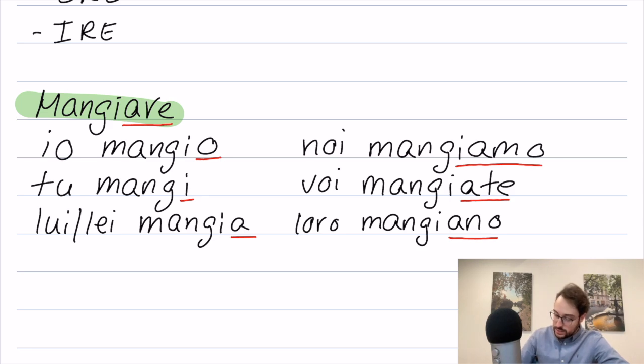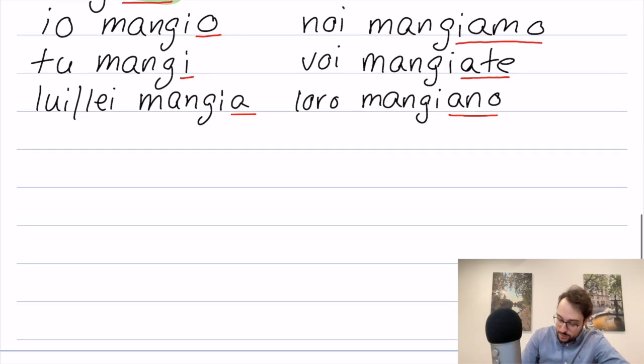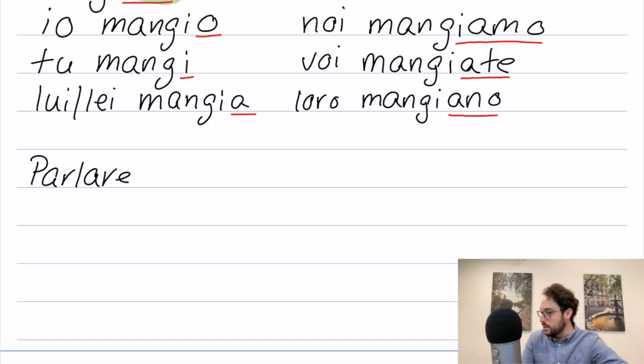So just to give you an example, we have verbs like parlare, which means to talk or to speak. What about scattare? Scattare is like when you're saying to take a photo. Let's do that one. And can we do another one?